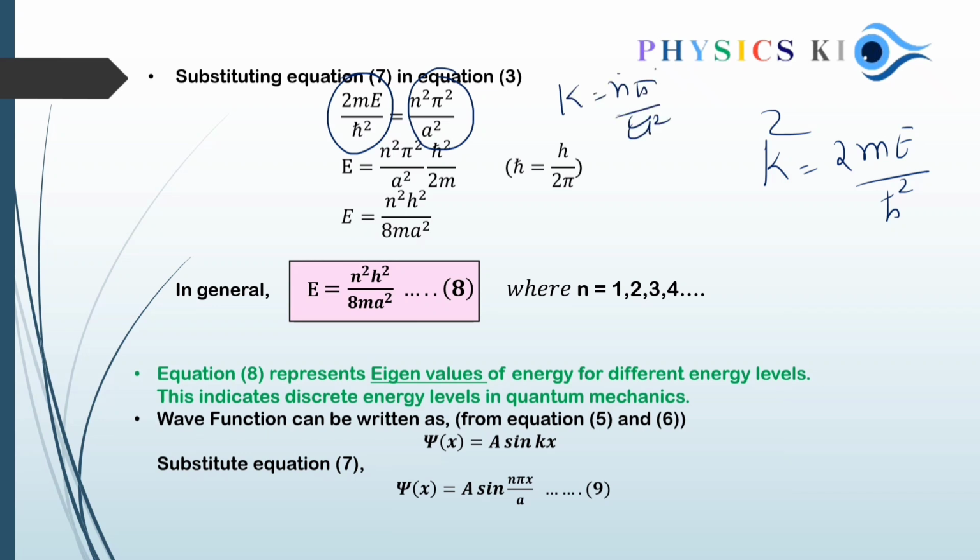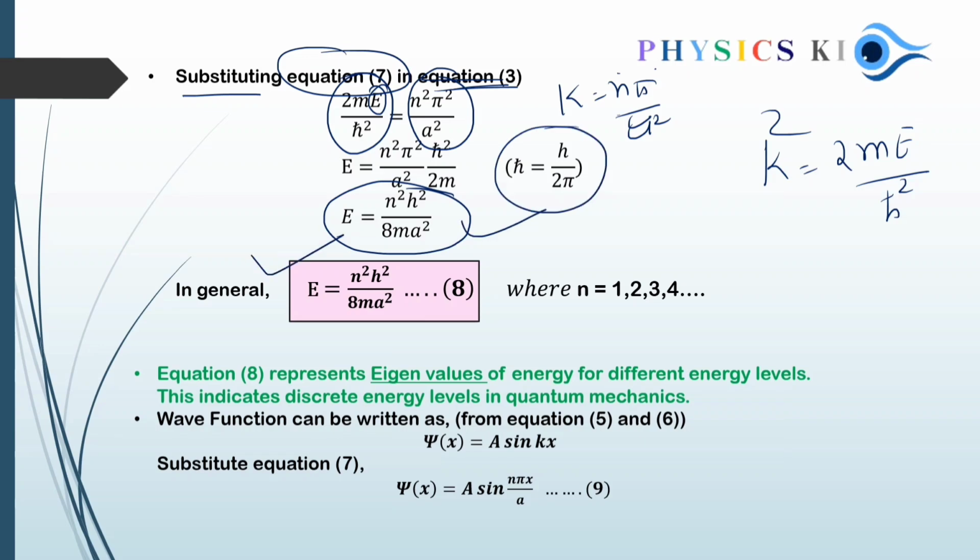So just square it, substituting equation 7 in equation number 3, and now find the E. Just multiply by h cut square and divide by 2m, and remove h cut, which is equal to h by 2 pi. What we get is this. This is your energy equation. If they ask up to energy, this is your last equation.